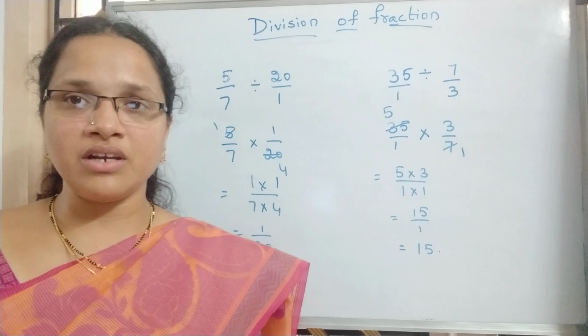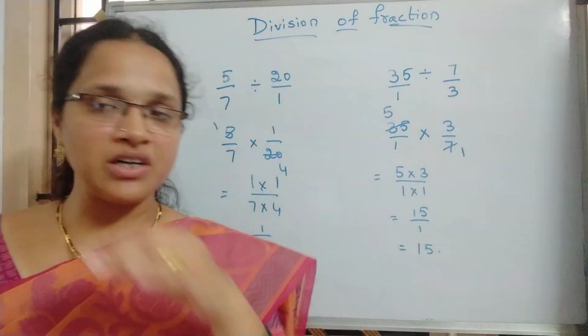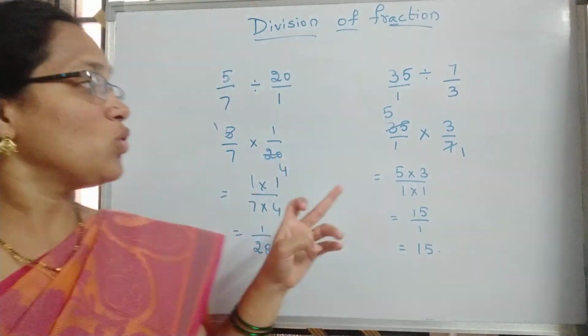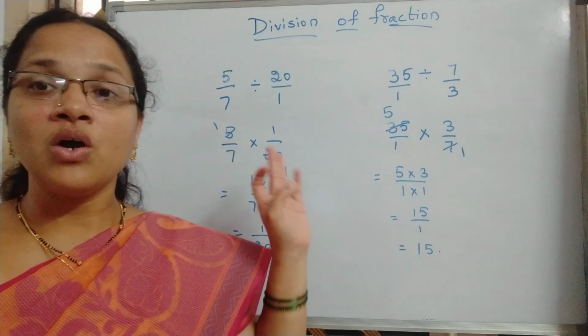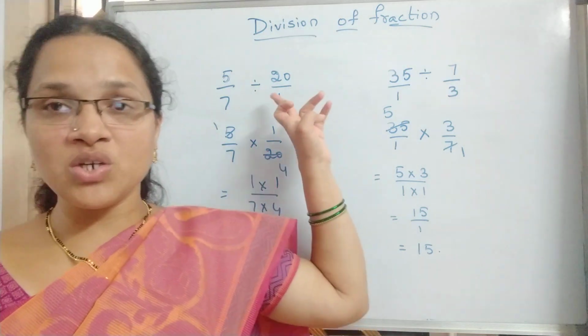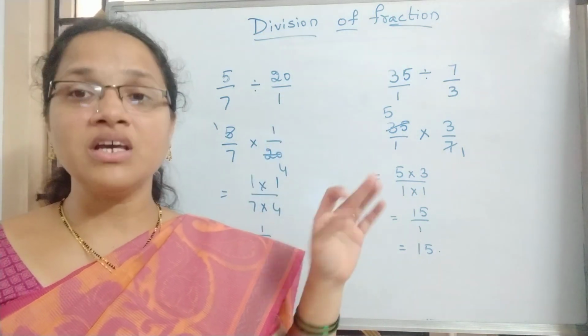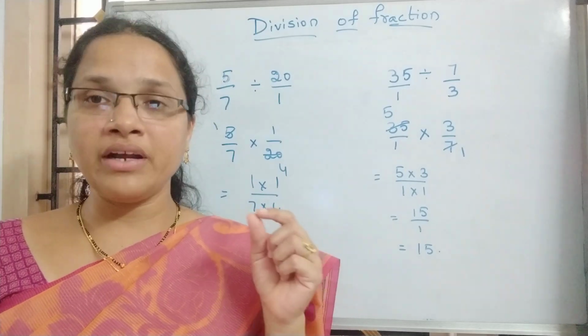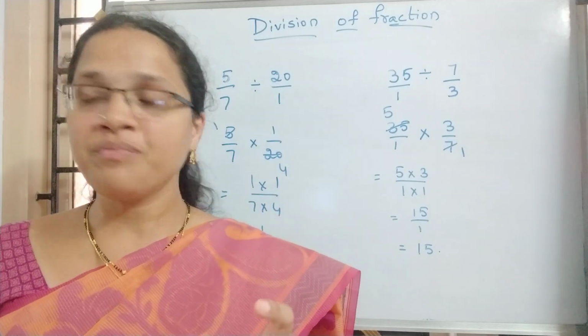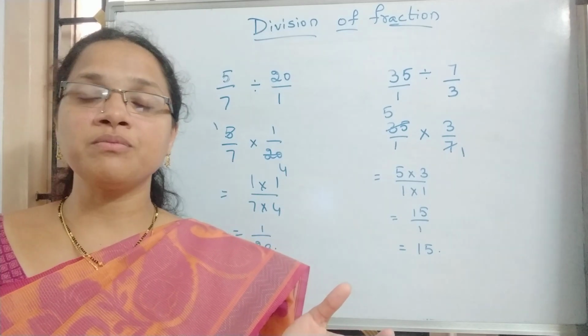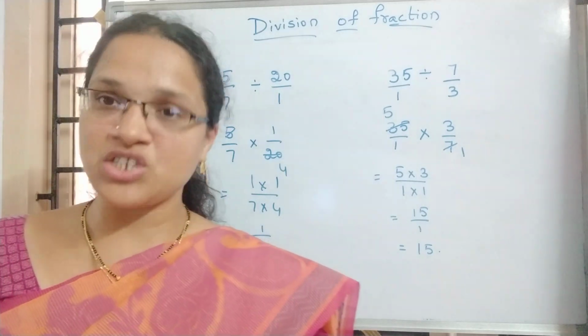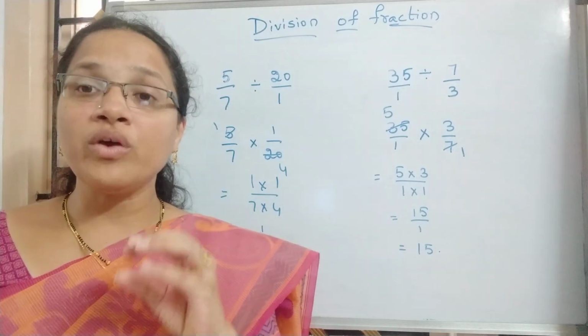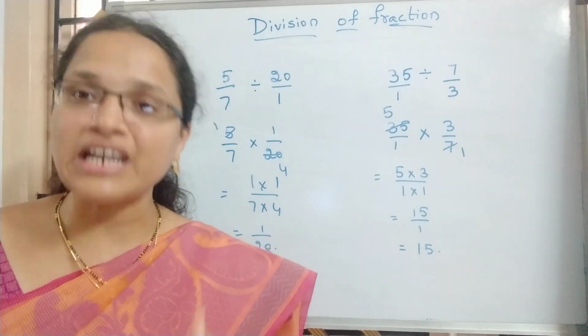So once again I am recalling the things. Children, for division, there is no specific procedure for dividing the fractions. That is the reason why we are converting the division question into a multiplication question. How? We write the first fraction, convert the division symbol into the multiplication symbol, and then we write the reciprocal of the second fraction.